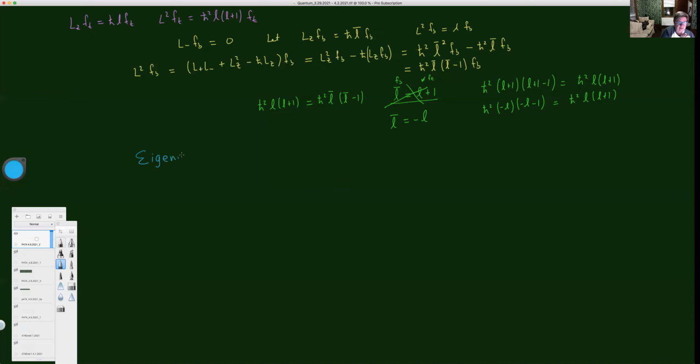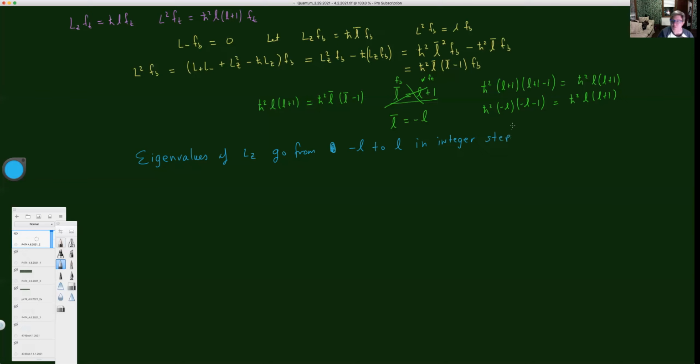Eigenvalues of Lz, the z component of angular momentum, go from minus L to L in integer steps.